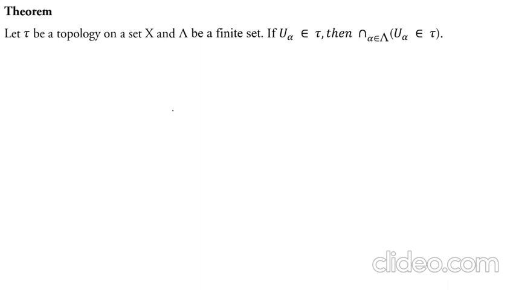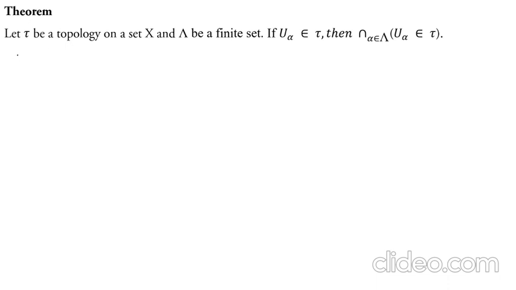Let tau be a topology on X and lambda be a finite set. Then if U alpha belongs to tau for alpha in lambda, then the intersection of U alpha over alpha in lambda belongs to tau. That is, we have to prove that the finite intersection of elements of tau is again in tau.